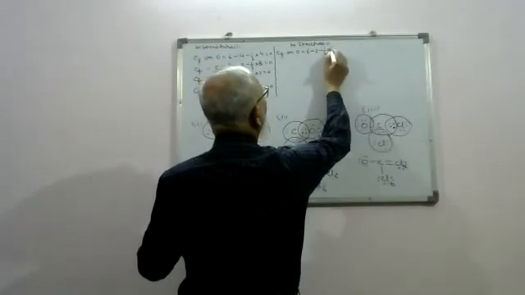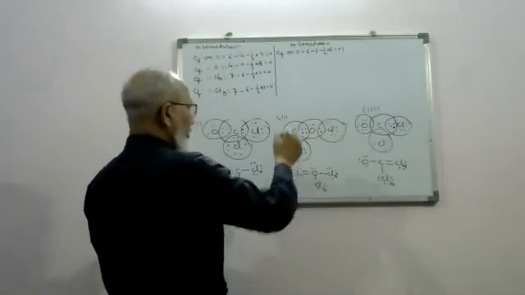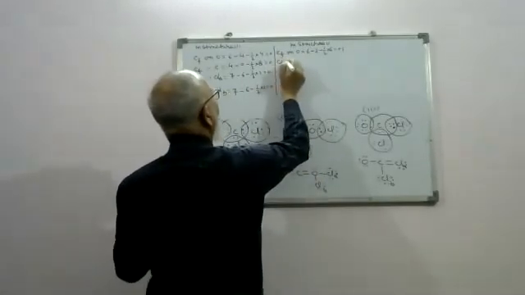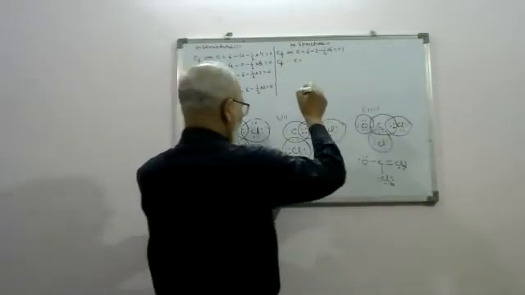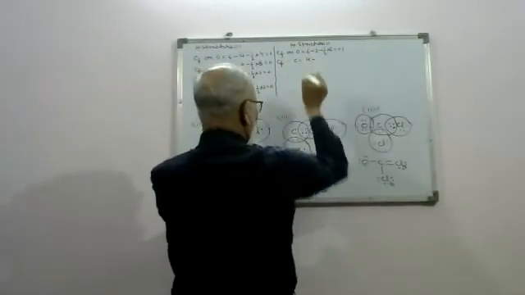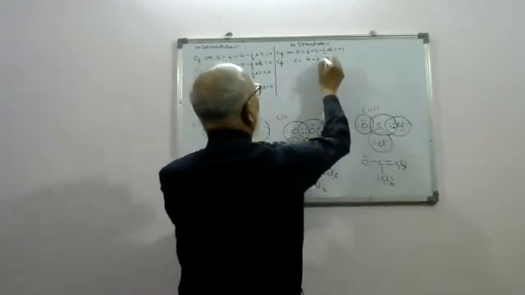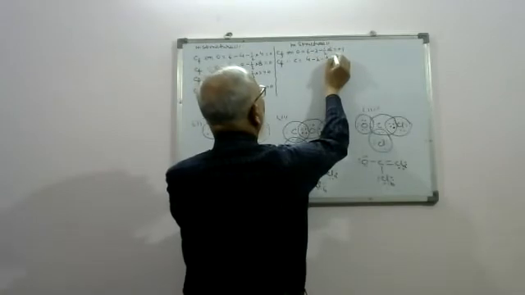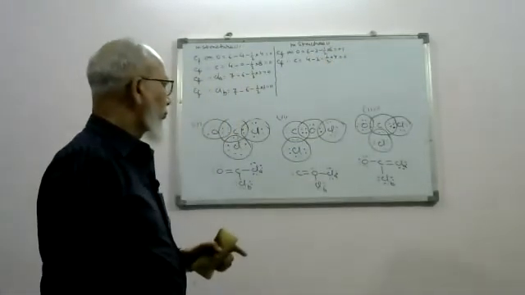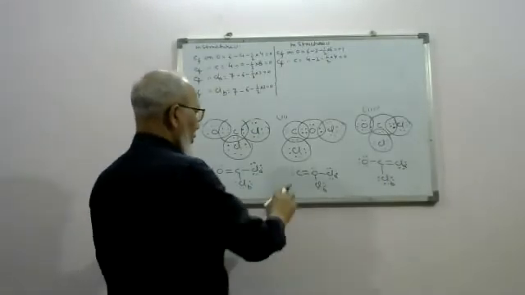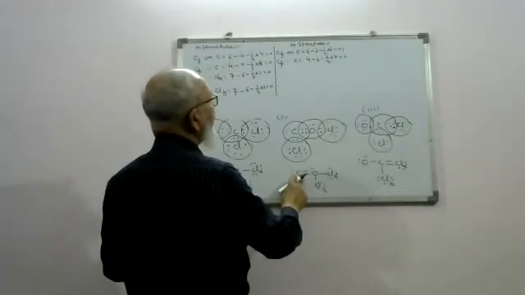This is equal to plus 1. Formal charge on carbon. This is your carbon atom. Valence electrons 4 minus unshared electrons 2 minus shared electrons 4. So this will be 1 by 2 into 4. This is equal to 0. Four minus 2 minus 1 by 2 into 4.